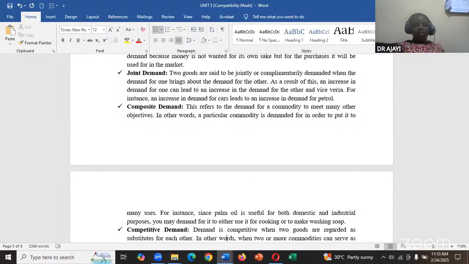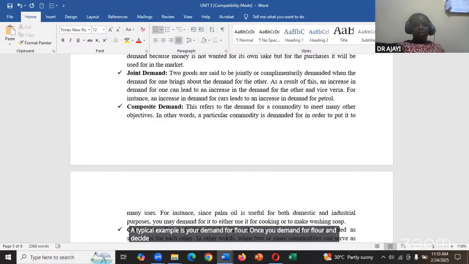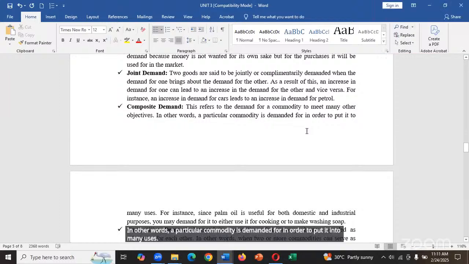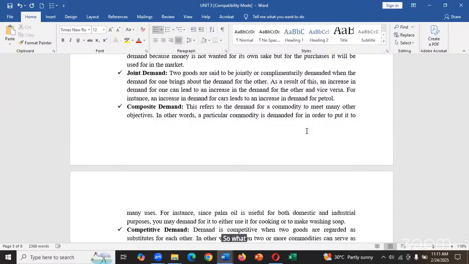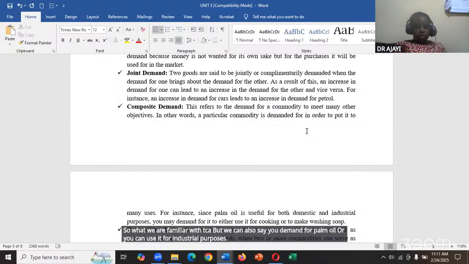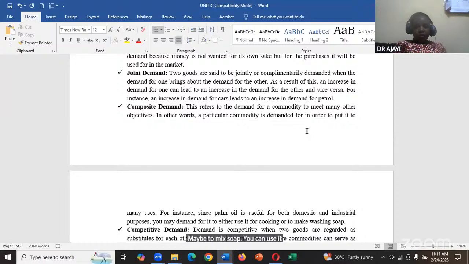Once you demand for flour, you can decide to use the flour to bake, or to do so many other things apart from baking. Composite means it comes as a component. You can use it for many objectives. In other words, a particular commodity is demanded in order to put it into many uses. What we are familiar with is flour, but we can also say you demand for palm oil. Palm oil, you can use it for industrial purposes, maybe to make soap. You can use it to cook and every other thing.